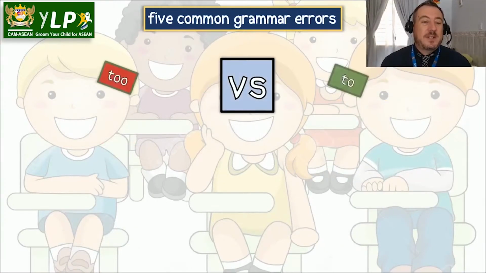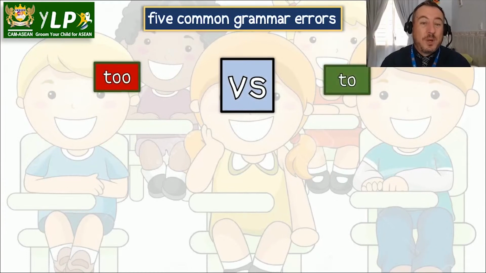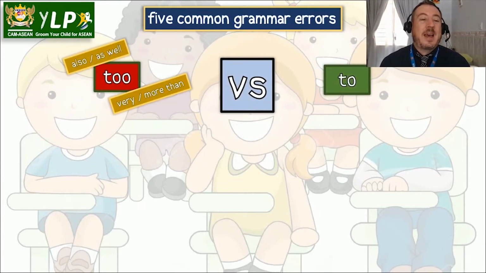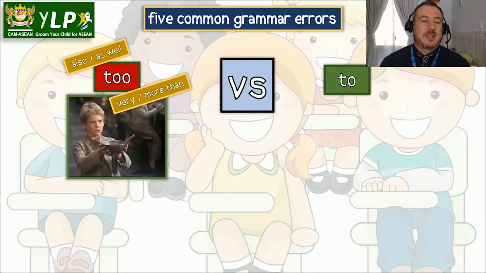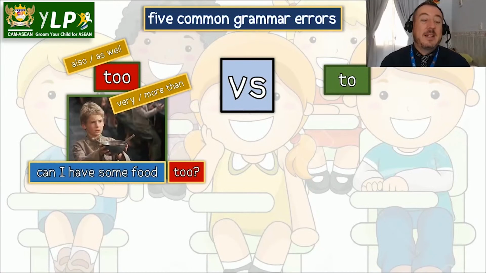So let's first look at the red too, and that means also, or as well, or it can mean very, or it can mean more than. When I say more than, I mean like too much. So for example, we might have a boy here. He's saying, can I have some food too?